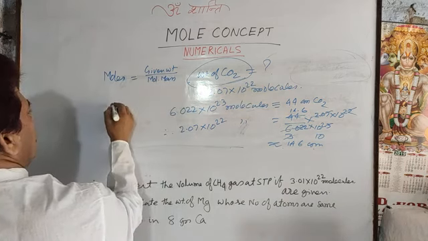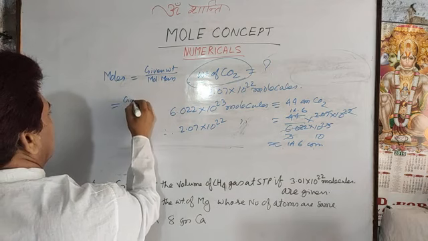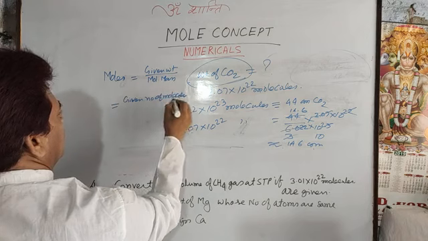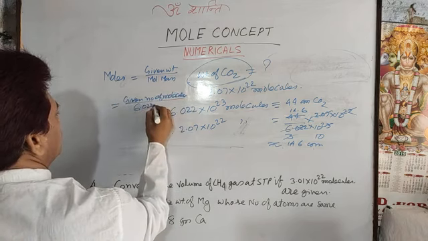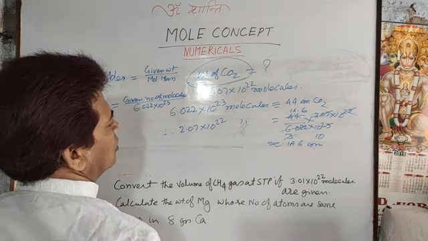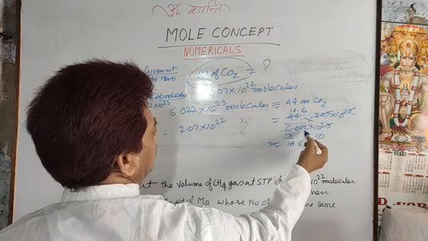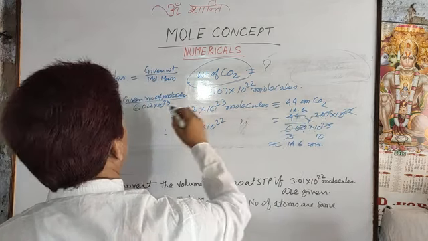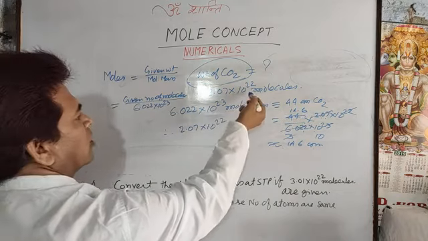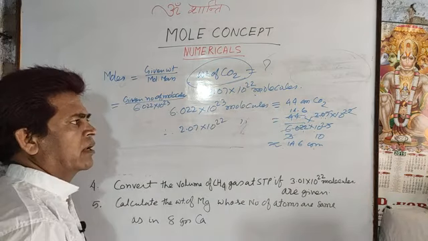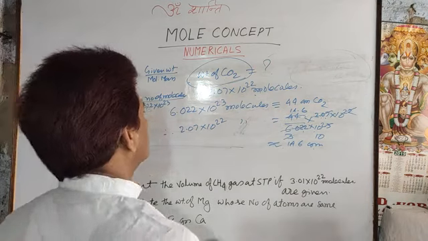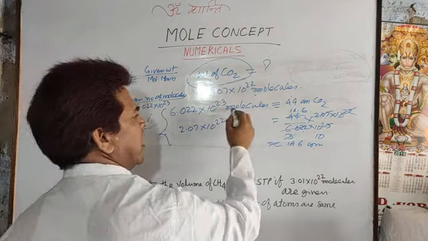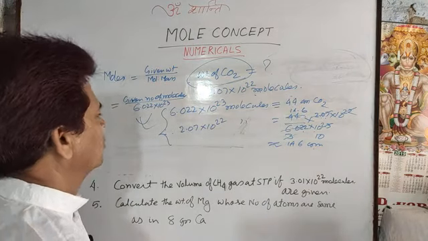In case of number of molecules, you write the given number of molecules by 6.022 × 10^23. So, you get the mole, and 1 mole has 44 gram. So first you convert into moles and then calculate, but you have to solve two times, so it will be better to directly write the relation between weight and number of molecules. So you only have to calculate once.